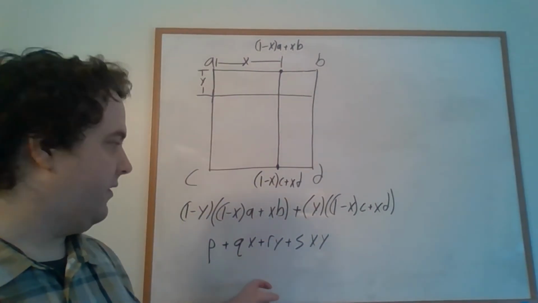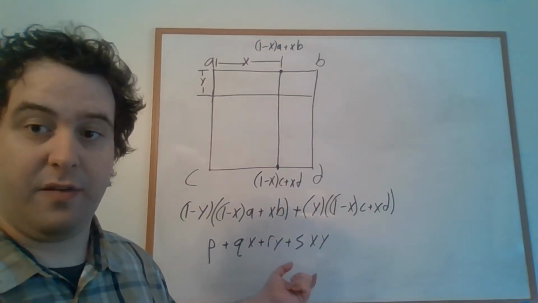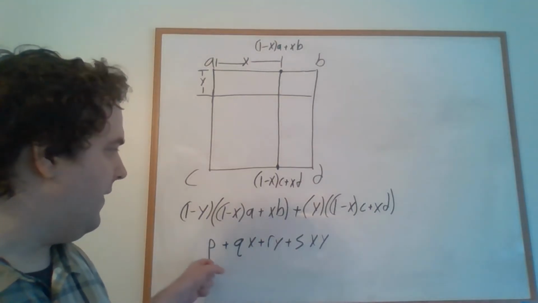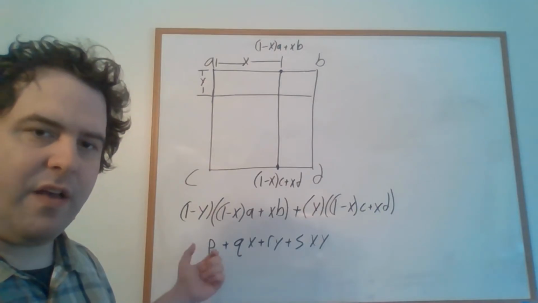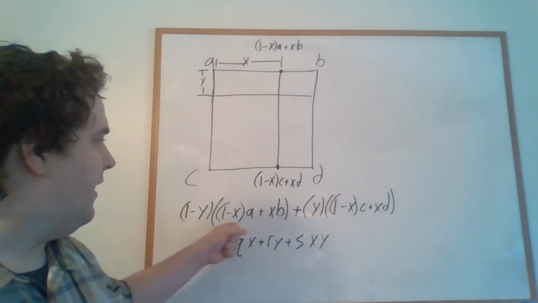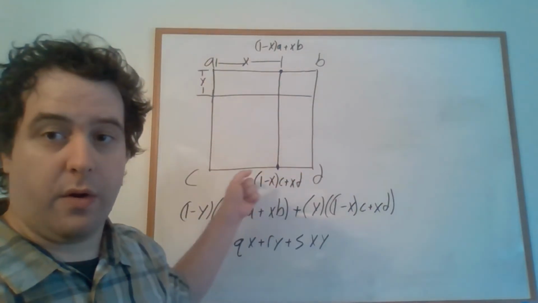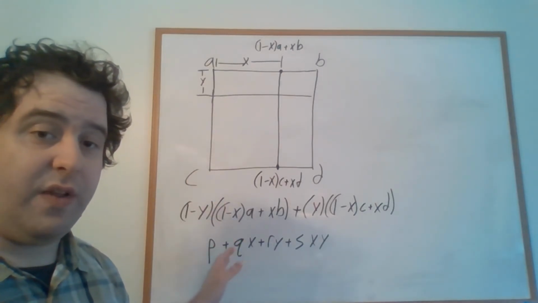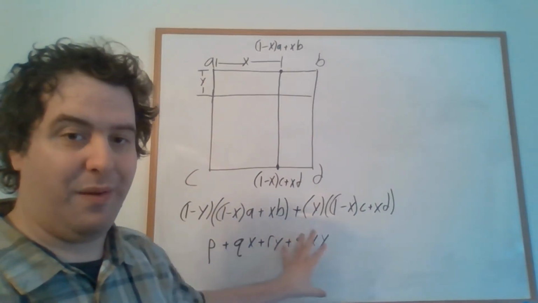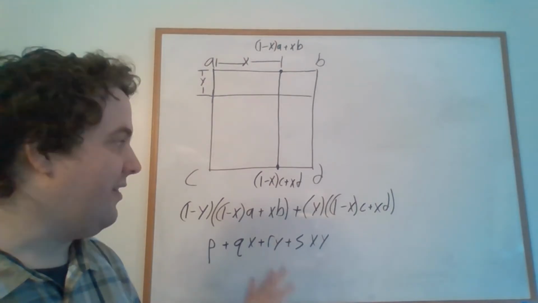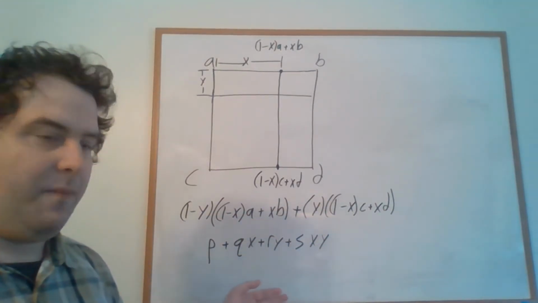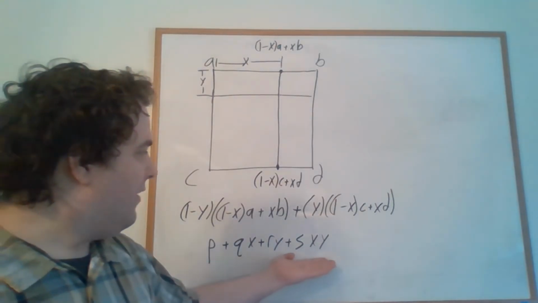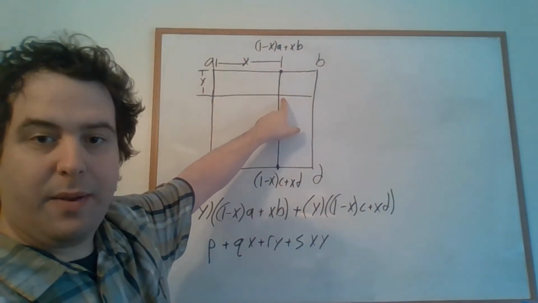p plus qx plus ry plus sxy. It doesn't really matter what these constants are, just that you can adjust them. These constants reflect the alpha values of these four corners. But for the purposes of this video, it doesn't actually matter if we work out what these coefficients are. They just depend on A, B, C, and D. And so this is the alpha value of this particular pixel here.